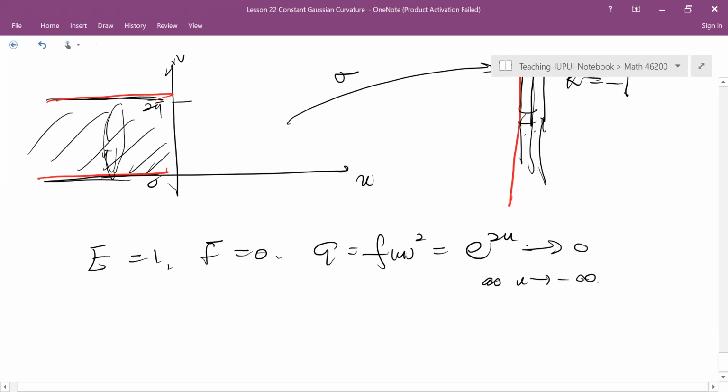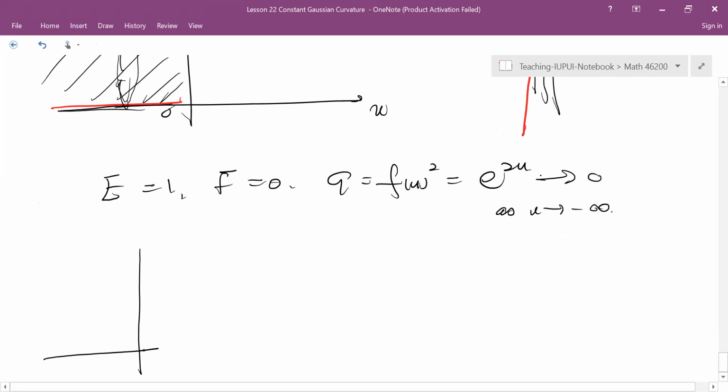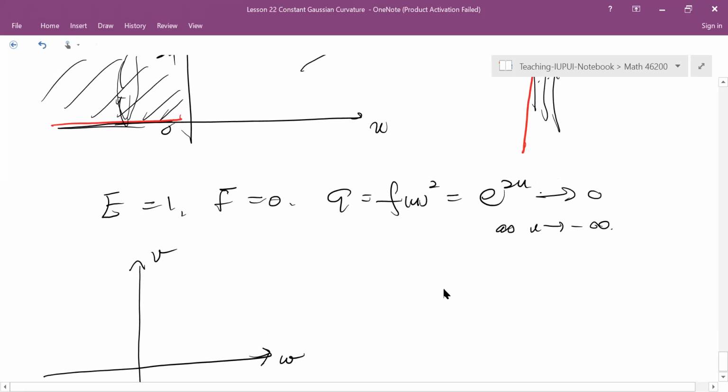I'm going to define another map. Okay. So this will be the W. This will be V. So the map goes like that.